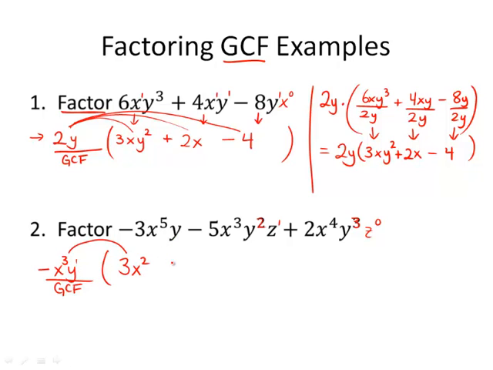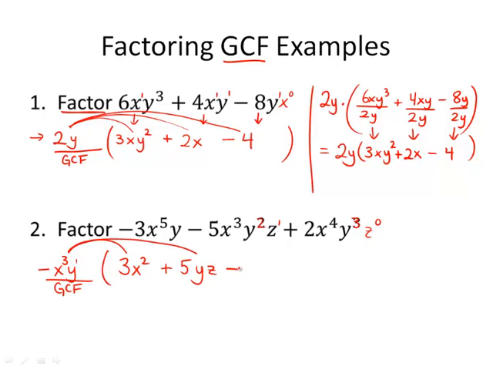Check. Next term will now be positive because we factored out a negative. And the 5 stays, we didn't take out any numbers. The x cubed has been divided out, 1y was divided out, and a z still needs to be there. You can double check by multiplying and it should give it back to you there.